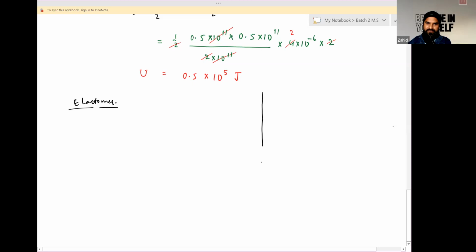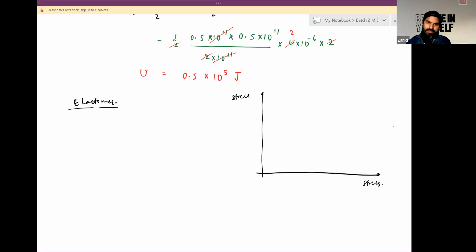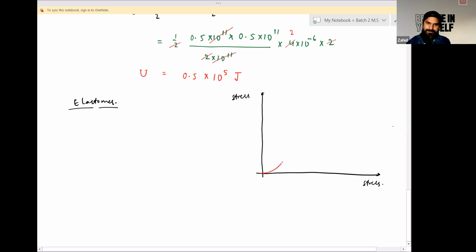And if you draw the graph, this is stress and this is strain. So the curve will be like this. Till this point, on removing the deforming force, it will tend to return back to its original state, but from a different path.